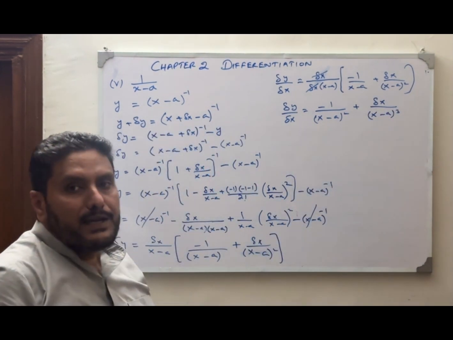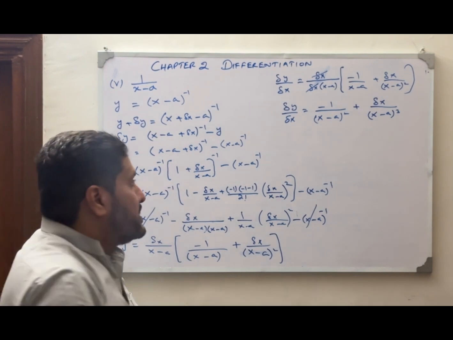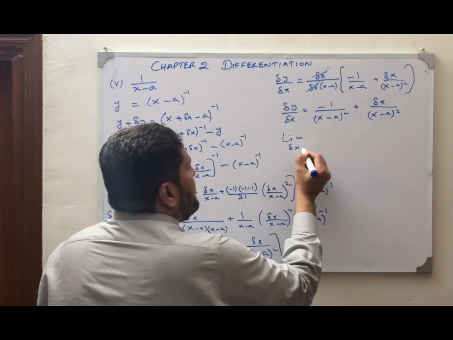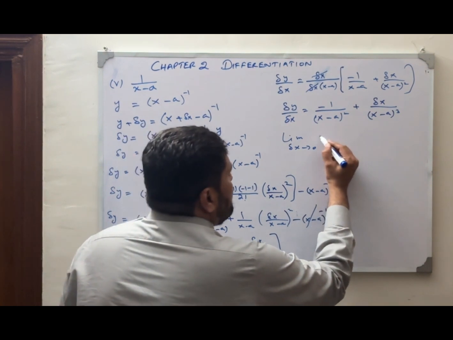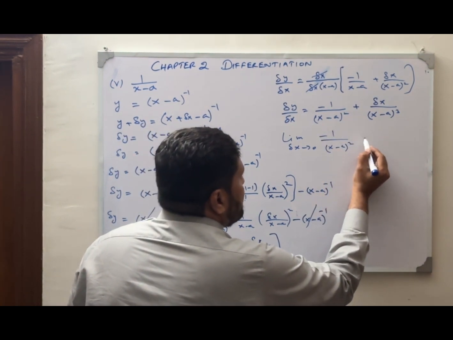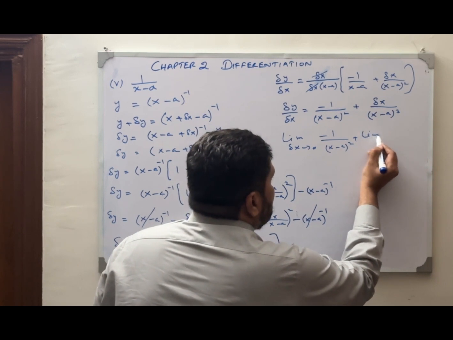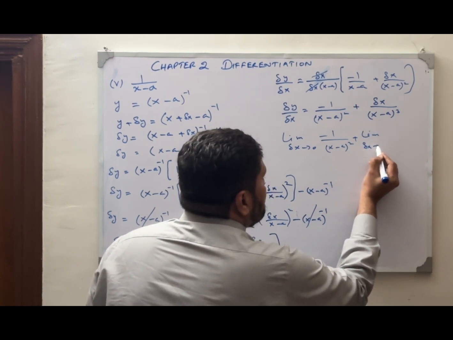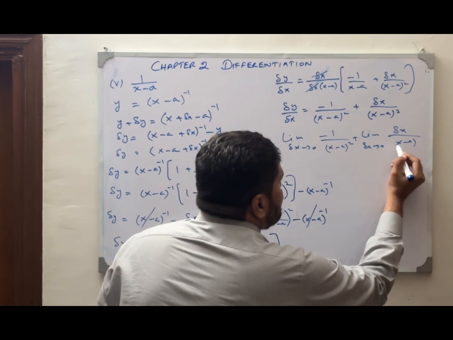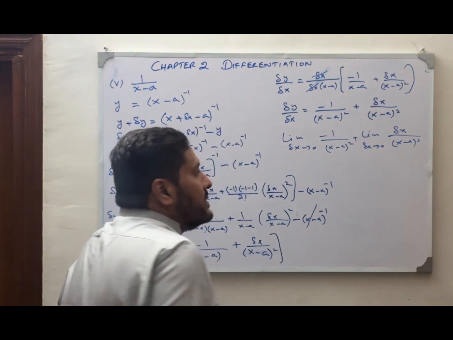Now applying limit on both sides of the equation, we have limit delta x approaches 0 of minus 1 by x minus a whole square plus limit delta x approaches 0 of delta x by x minus a whole cube.